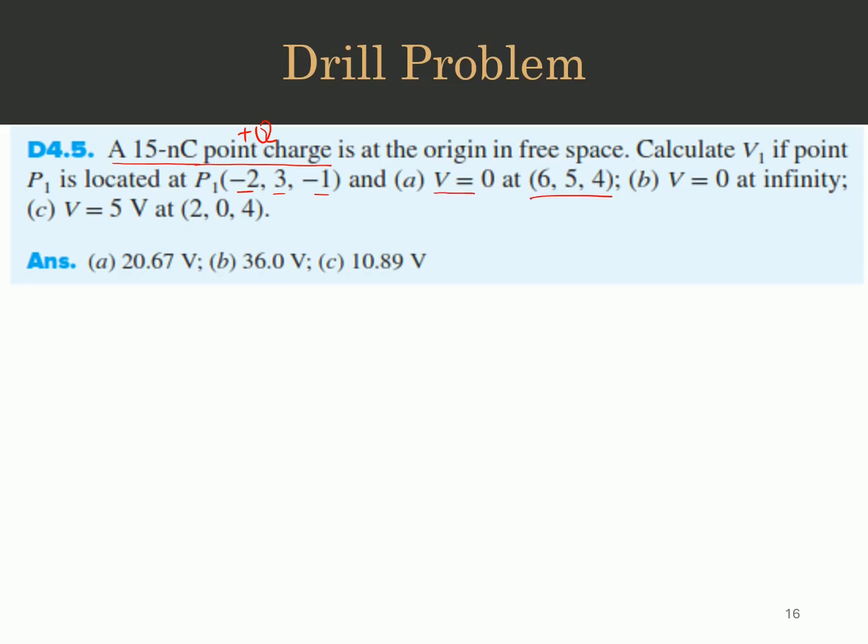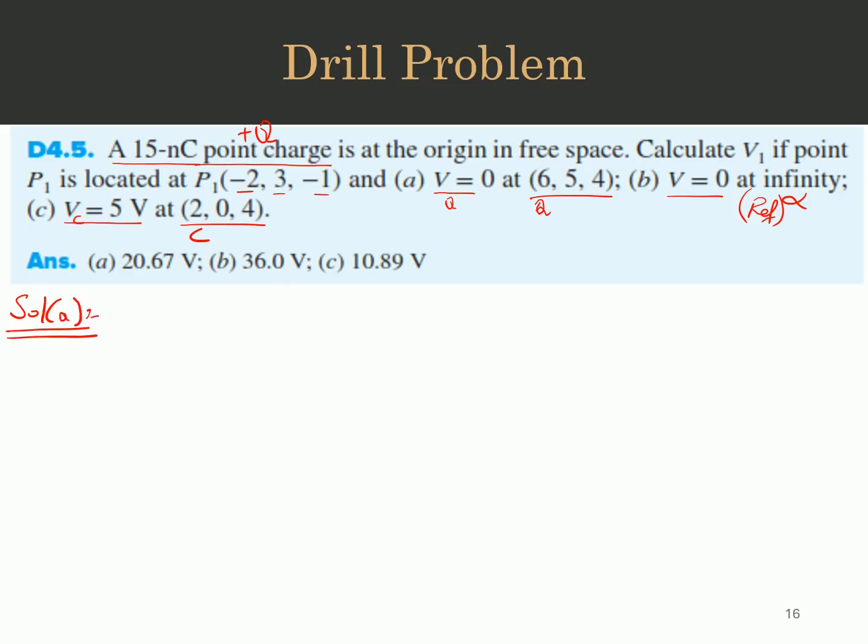Let me call this VQ at this point. Second case, V is equal to 0 at infinity. This is our reference, where voltage is always taken as 0 in this course, at infinity. And now the third scenario is that we have a value of voltage other than 0 at this point. Let me call this VC, at point C. So let us look at the solution, starting with the first part.